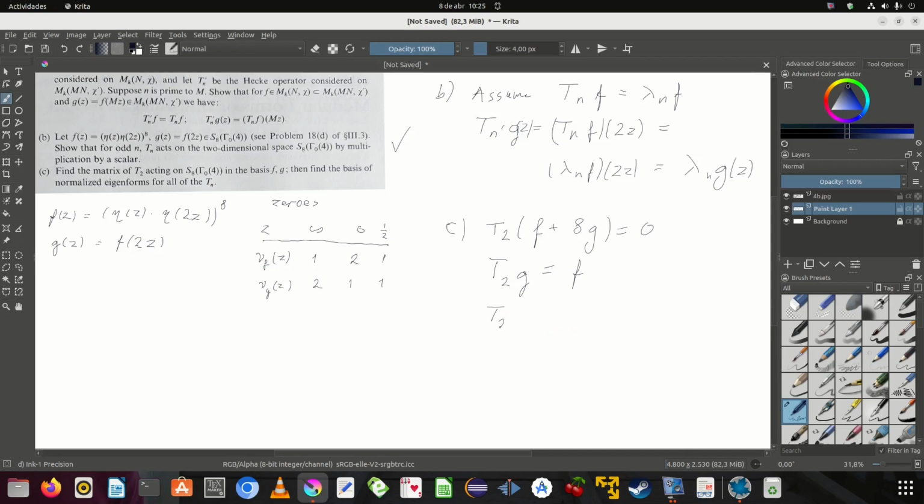And that means T2 of f plus 8 T2 of g equals naught. T2 of f equals minus 8 T2 of g equals minus 8f.